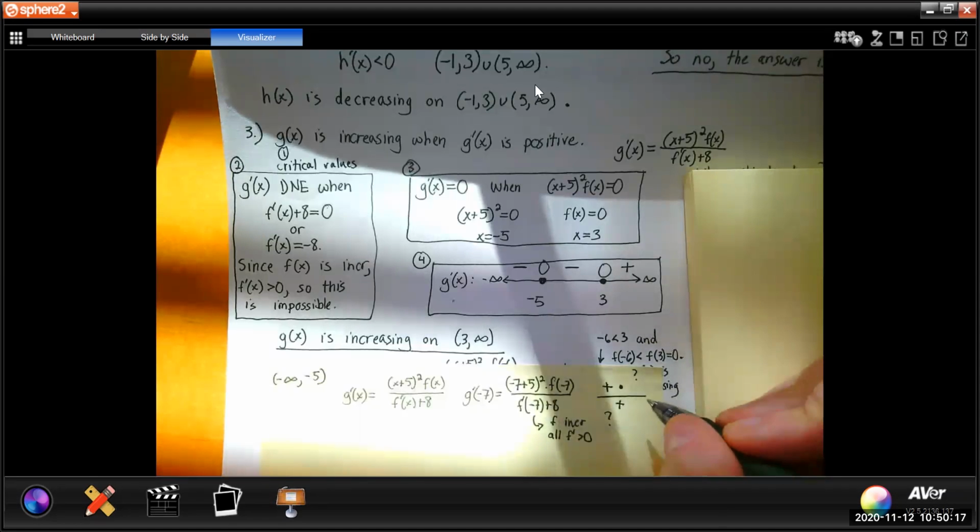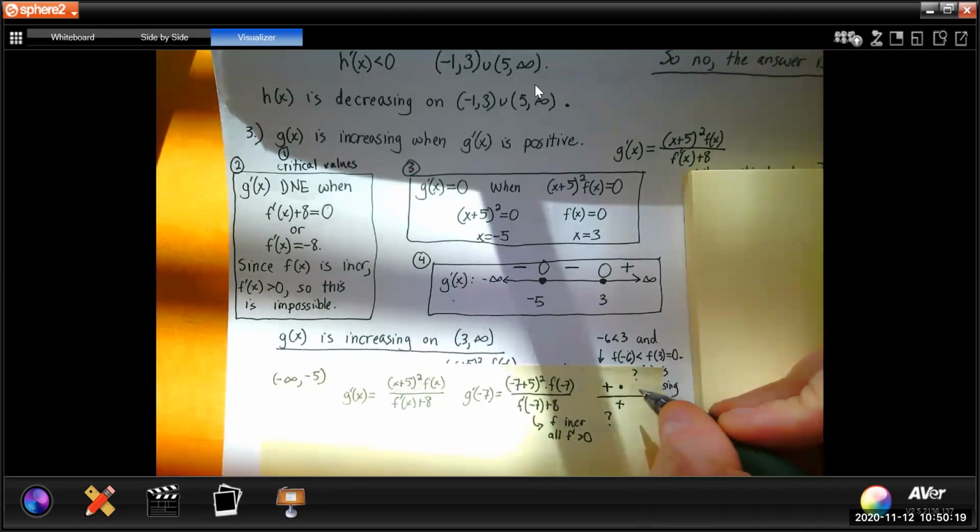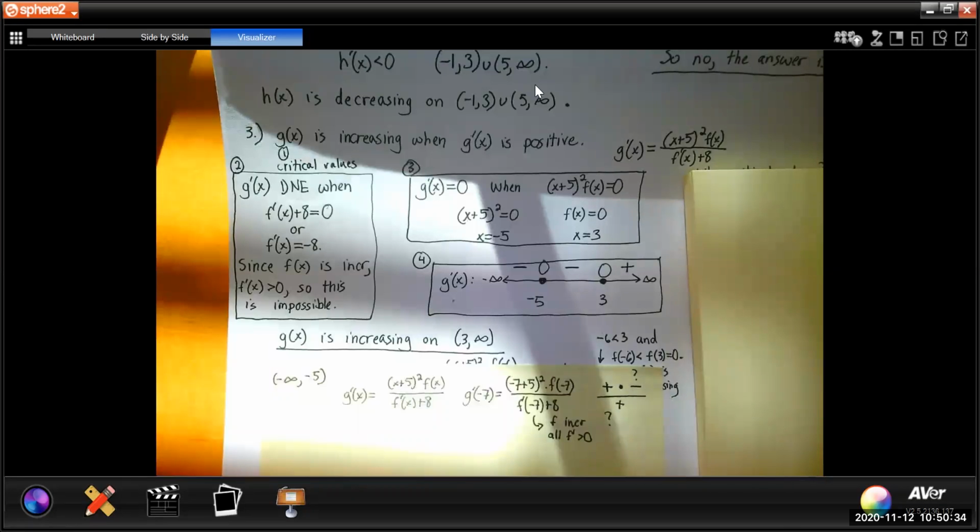So when I put those together, f of 3 is 0, and when I'm at f of -7, I need to be at a value less than 0. The only values less than 0 are negative values. So if you do a positive times a negative, the numerator is negative, and the denominator is positive, the whole thing is negative.